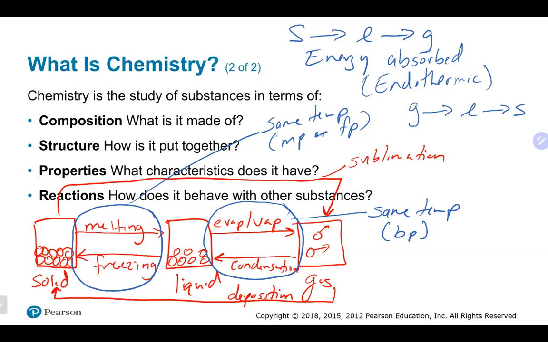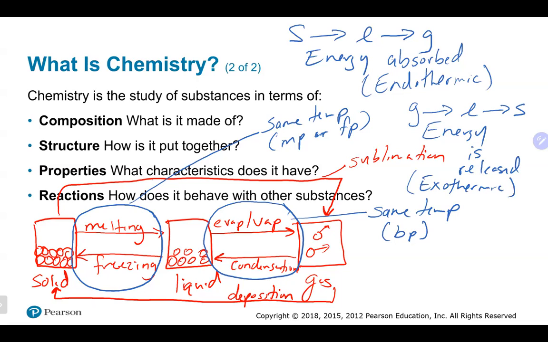You're actually removing energy because your water is hotter than the freezer. So all the energy from the water goes out into the freezer, and your water gets colder and colder until it freezes. So that's removing energy in that case. And in all those processes, energy is released. Processes where energy is released are referred to as exothermic.